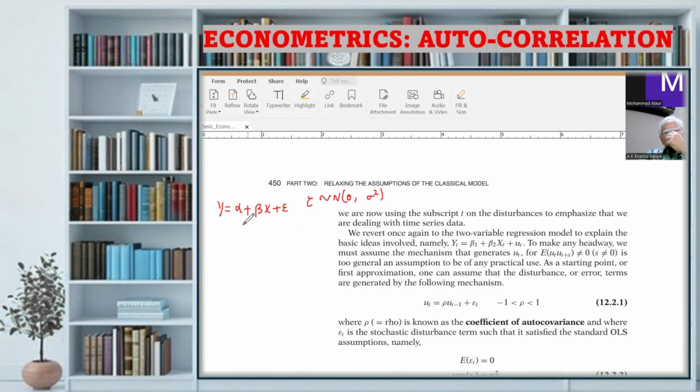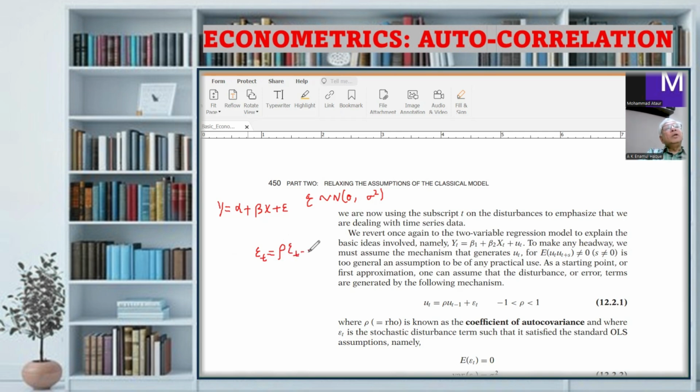Let's think about this as an autocorrelated model, where epsilon t is linked with rho. Remember how to write rho: don't go like a p, it's the other way around. Go like this. This is rho.